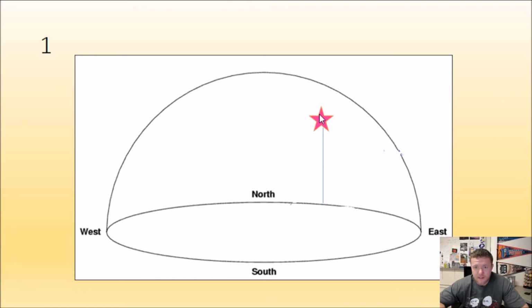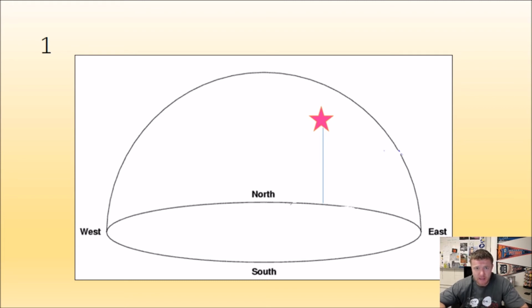Alright, let's take a look at this star right here. Altitude is usually written first, so we'll do that first. We have the horizon, which is 0, and here would be 90 degrees directly over our head. It's more than halfway, it looks like. I would say maybe it's about, there's halfway, 45, about 60.